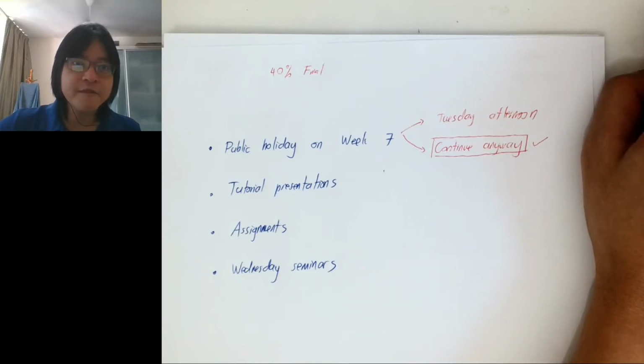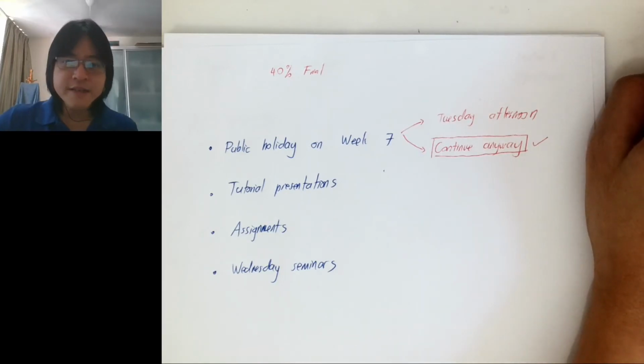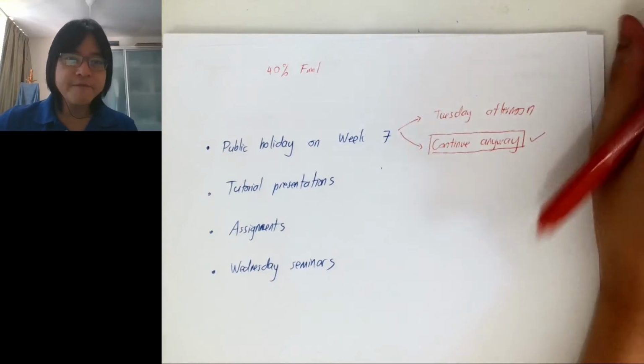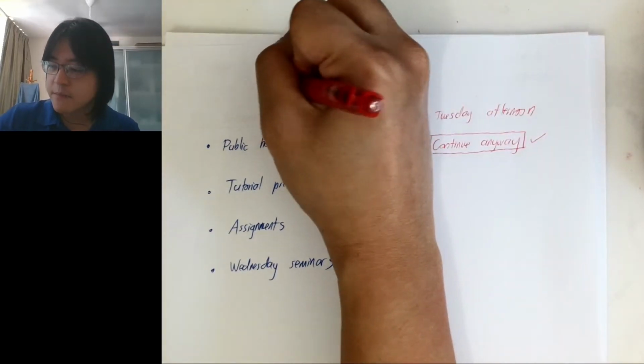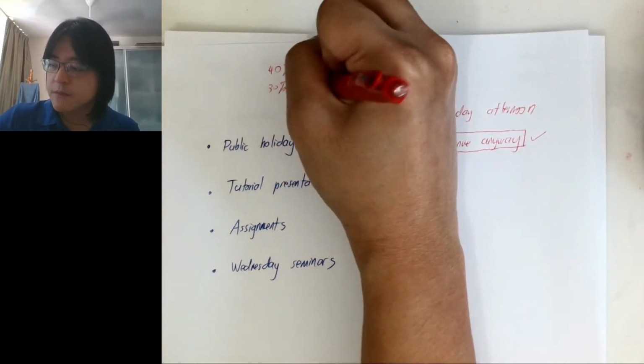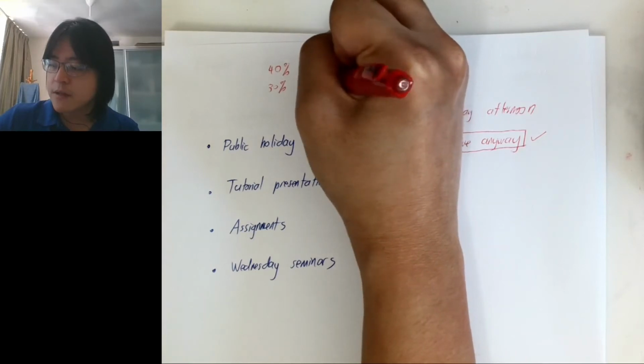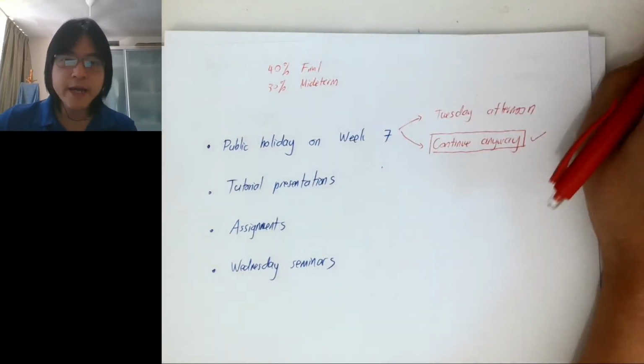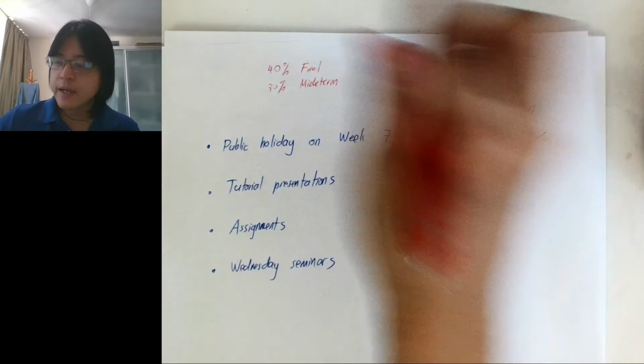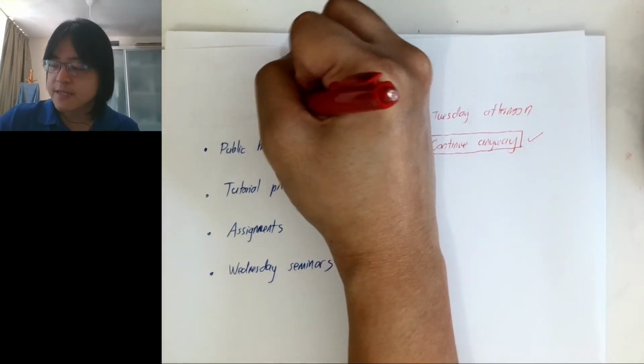We have 40% exam and then midterm and things like that. Yeah, 30, 15, 15. Okay, so we have 30% midterm. Our midterm, usually we will plan it on week 8. So week 8 we will have our midterm, and then you have 15% for the assignment.